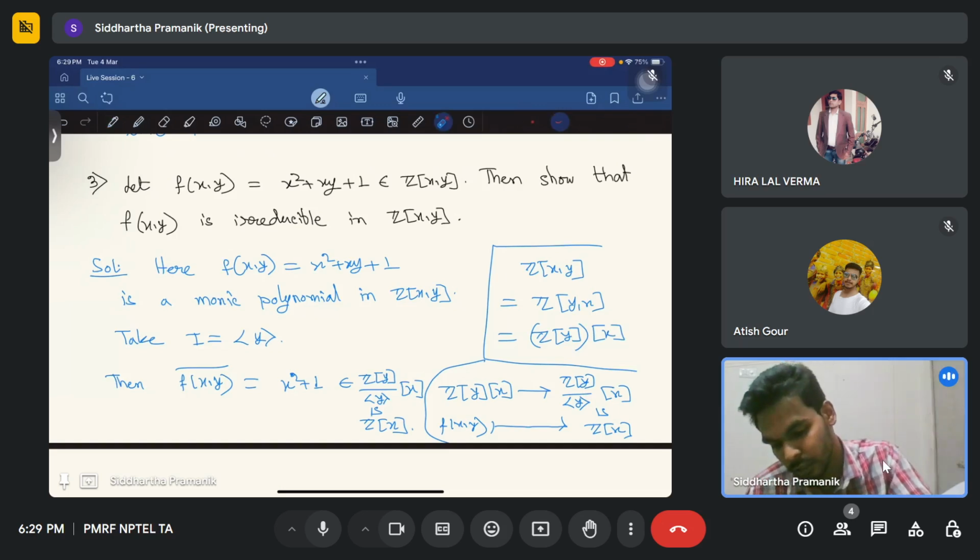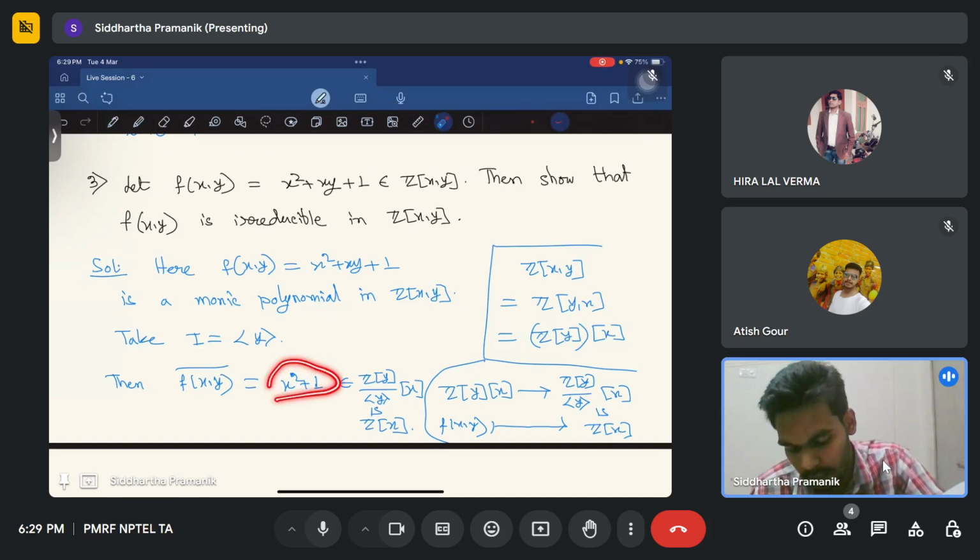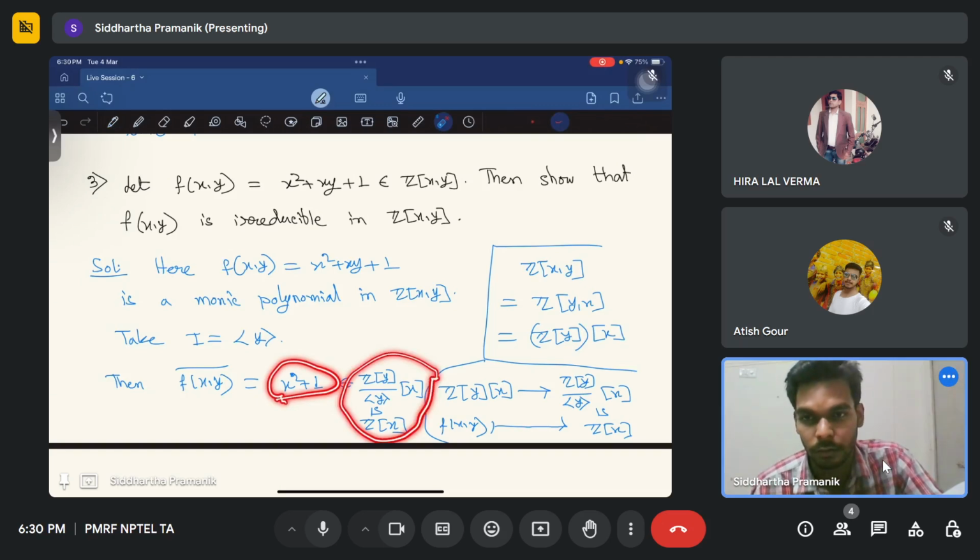Now you need to check whether this polynomial is irreducible in this ring or not. But it is irreducible, right? That we have done earlier.